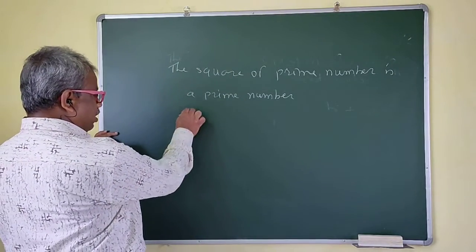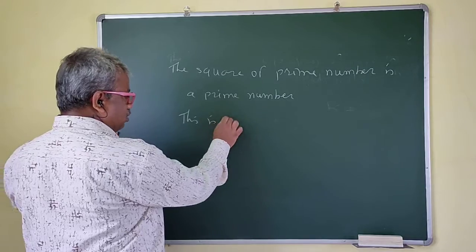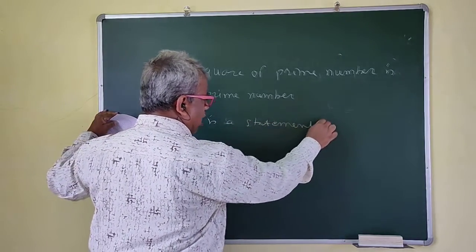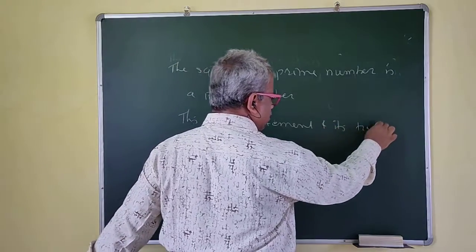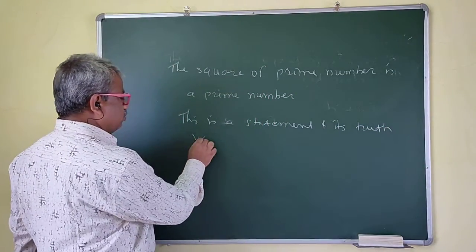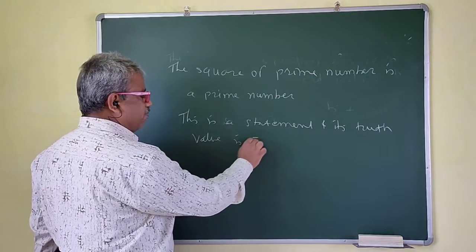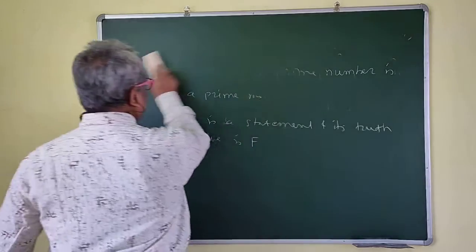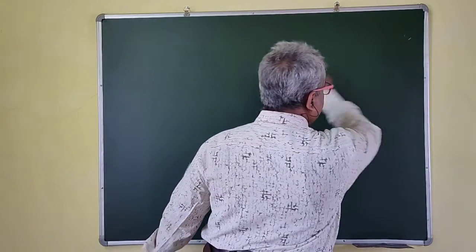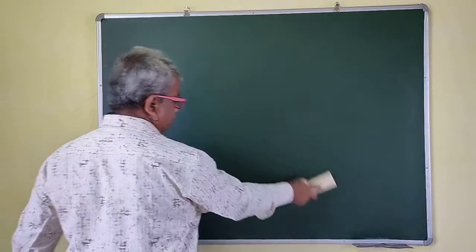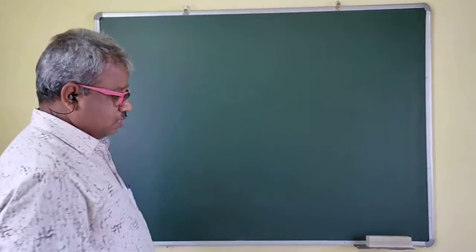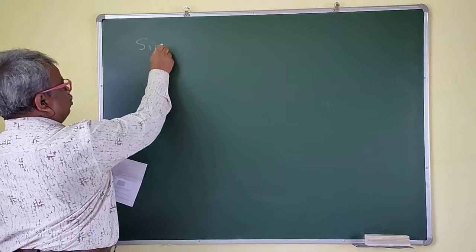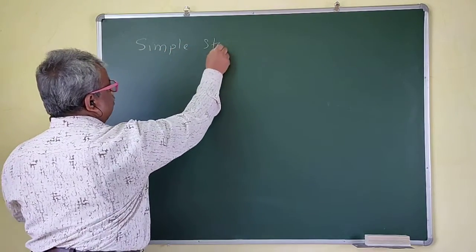This is a statement and its truth value is F. So after that we solve a number of problems. Now, simple statement. What do we mean by simple statement?